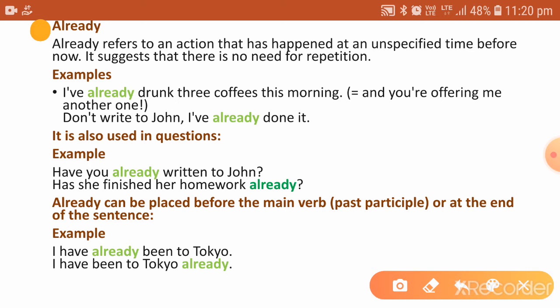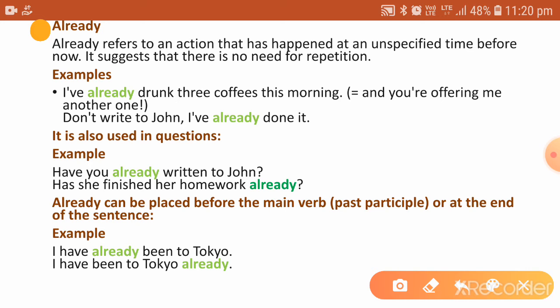Examples: I've already drunk 3 coffees this morning and I'm not interested in taking any more. Don't write to John. I've already done it. It means there is no need to write a letter to John once again. So, already means the task has been completed, and right now there is no need to do that task.